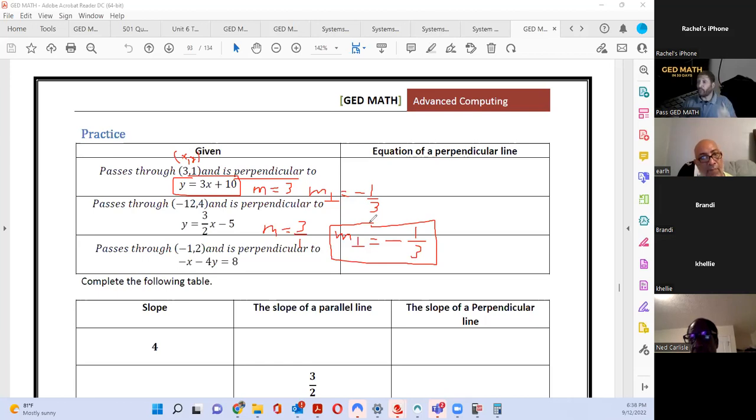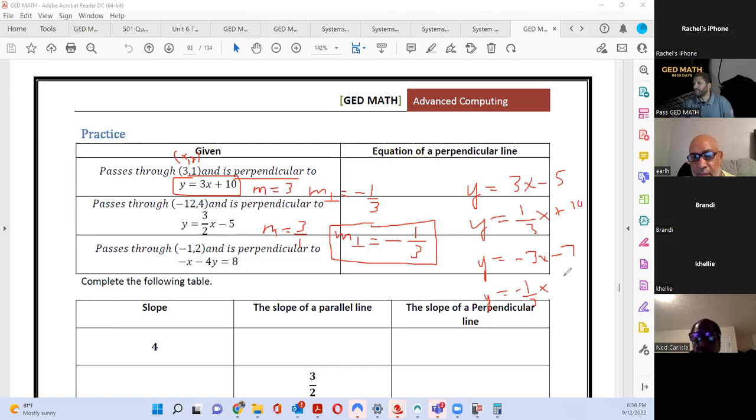Why? Because of the multiple choice. Say the multiple choice was this: y equal 3x minus 5, y equal 1/3 x plus 10, y equal -3x minus 7, y equal -1/3 x, whatever, plus 5. We didn't figure this one out, but I'm just saying. If they said, find a line that's perpendicular, once you found the slope was 3, you should know the perpendicular is -1/3.